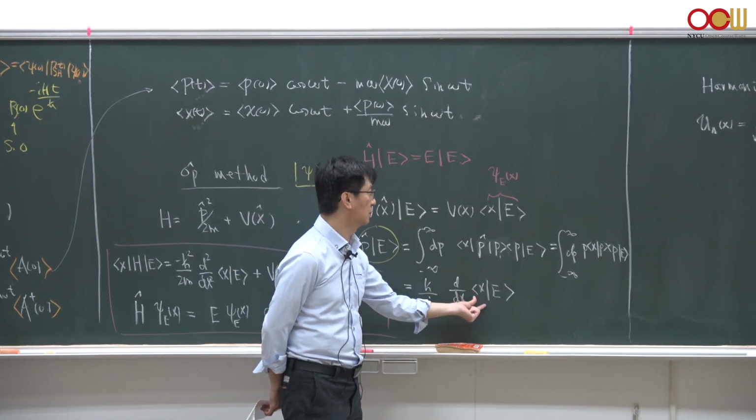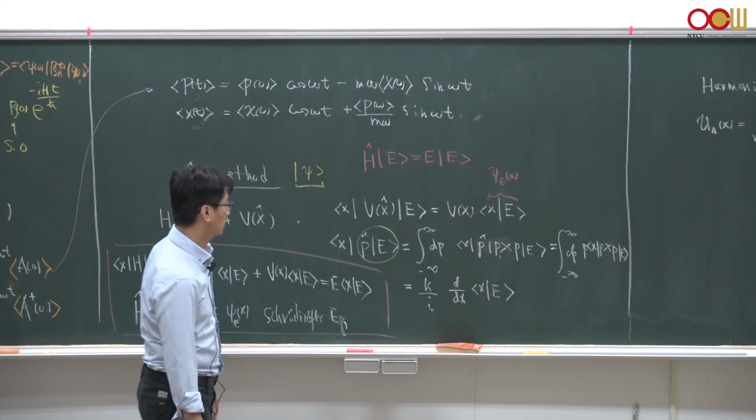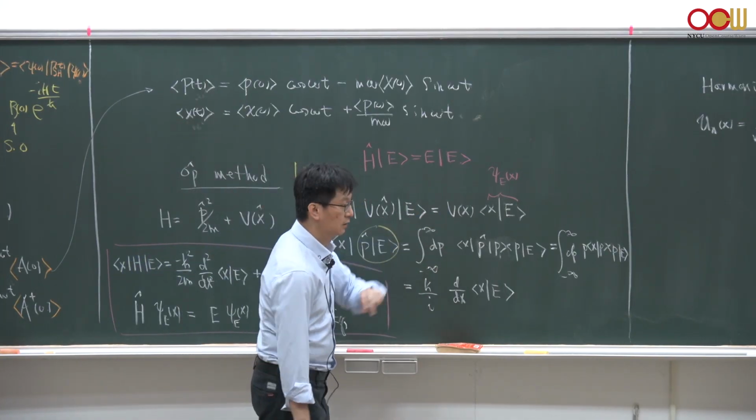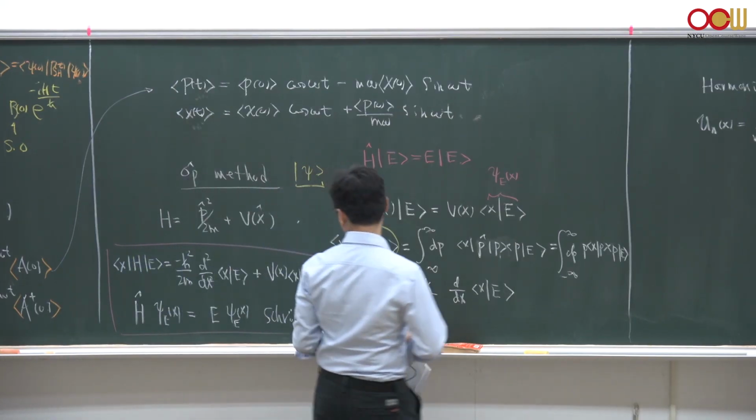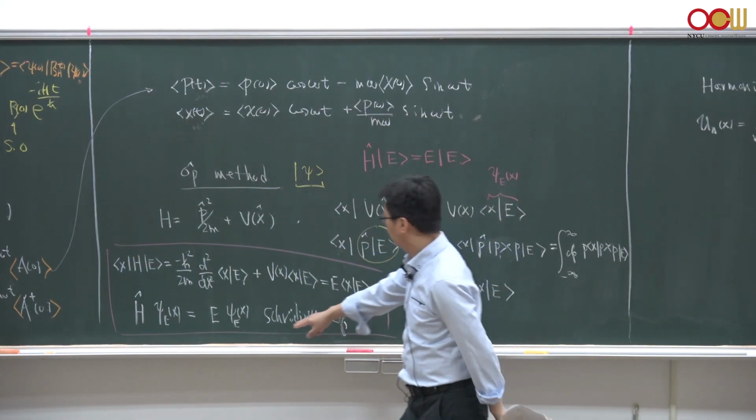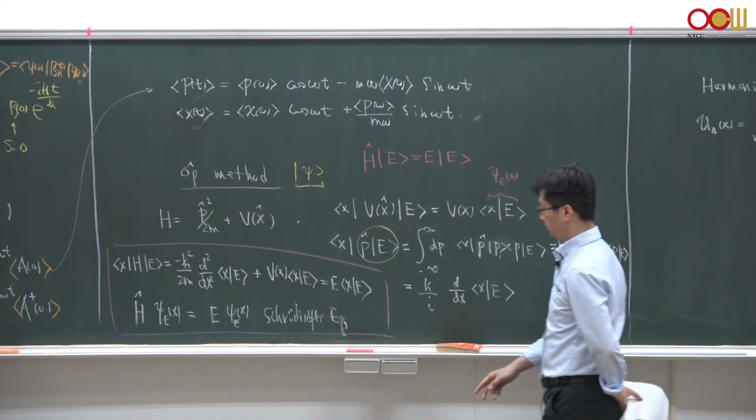So this is precisely, again, the Schrödinger wave function. So we plug this representation back into this eigenvalue equation here, and we simply get back to the Schrödinger equation itself.